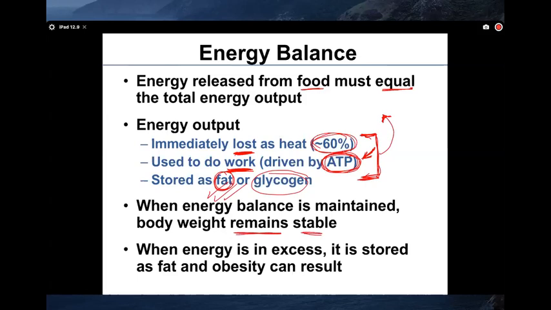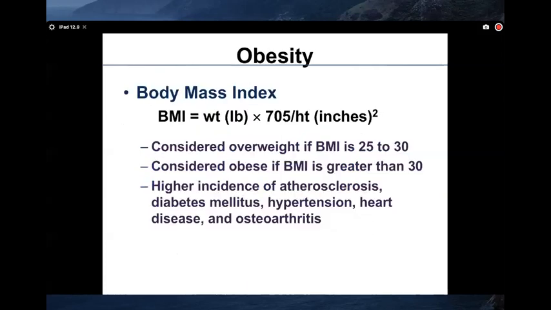If I have excess energy intake beyond my needs, all the extra energy is going to be shifted and stored in the form of fat mainly, and to a lesser extent glycogen. So if a person has a higher energy intake than energy output, what's he going to end up developing? He's going to end up developing obesity.